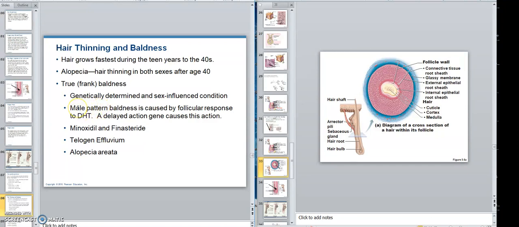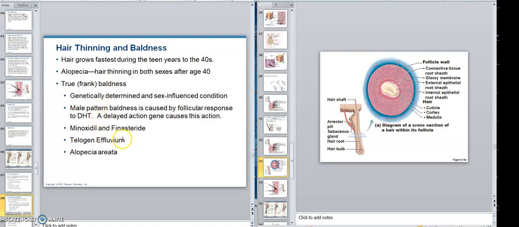If a person is genetically, let's say mom handed them the male pattern baldness gene, dad doesn't have to do it, and they'll get male pattern baldness, because it's a dominant situation. In females, it's recessive, so 2 parents would have to hand you that, and then a female can get it. So a female can also get it.